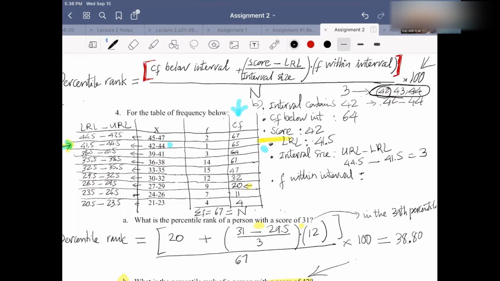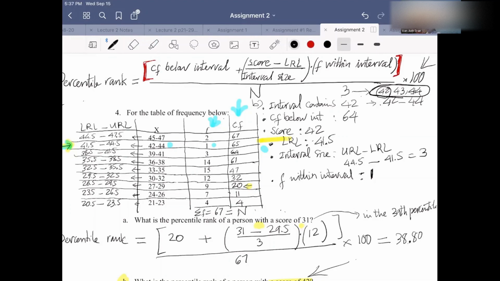All right, let's double check it. In this case, you have to look at the frequency column, right? You look for the frequency that is inside of that interval. So it should be number 1 right here. It should be this one right here, right? Yeah, so it should be 1. Good.